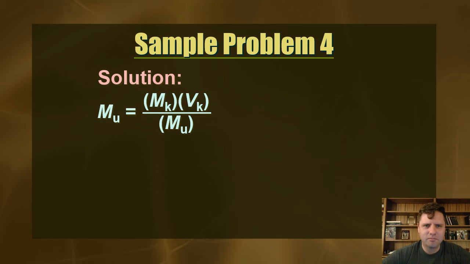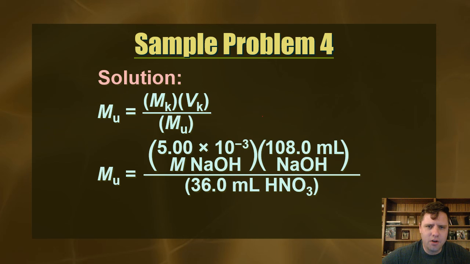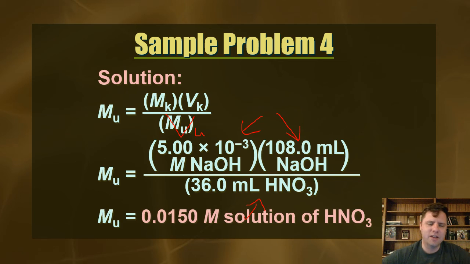Again, we take the molarity of the known times the volume of the known and divide by the volume of the unknown. This should be volume, not molarity. The volume of the unknown should be down here, which is what's written. So you just do that math: 5 times 10 to the negative 3 times 108, divide by 36, and you get a 0.015 molar solution.